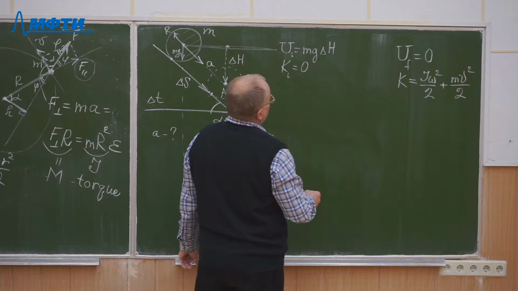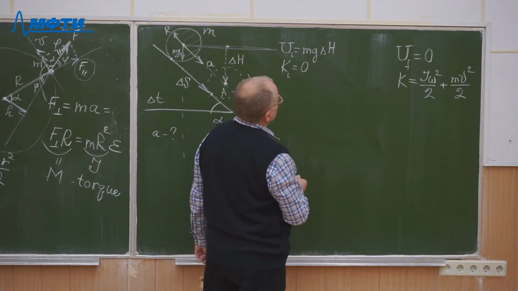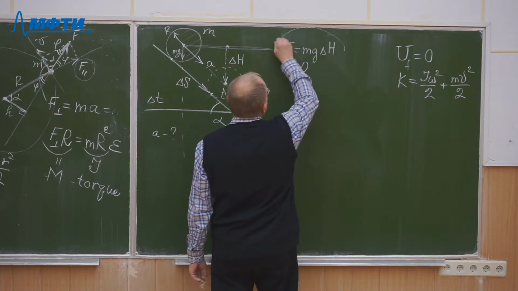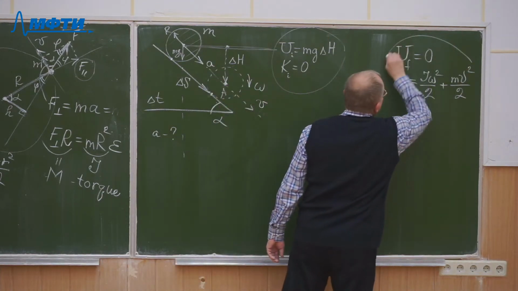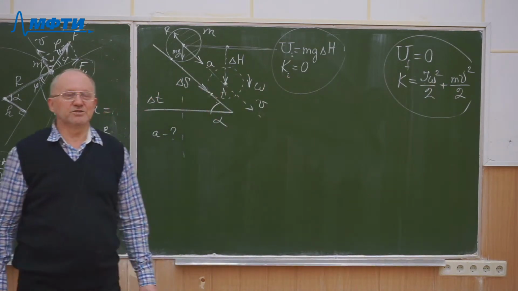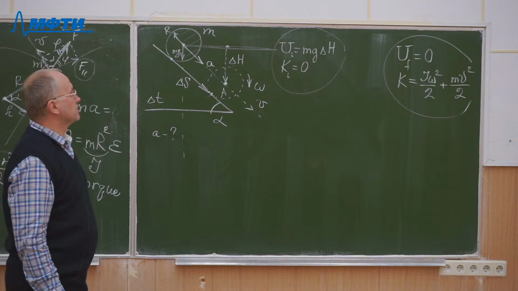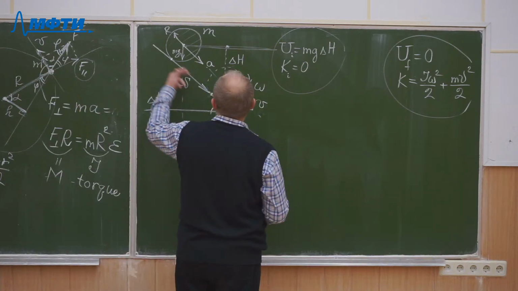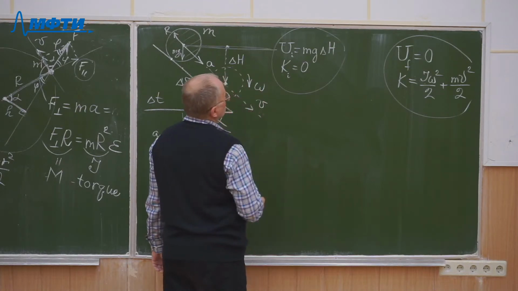And now we can just use the relationship between the energies. The initial energy must be equal to the final energy, because the mechanical energy is not lost, because there is no friction, no slipping, and no heating of the bodies due to slipping, due to friction.